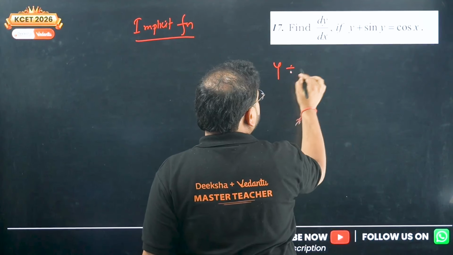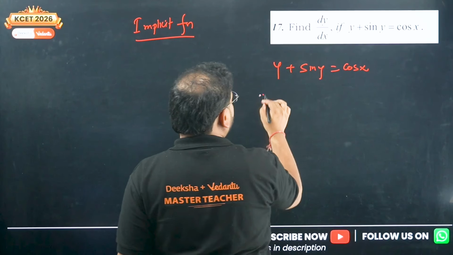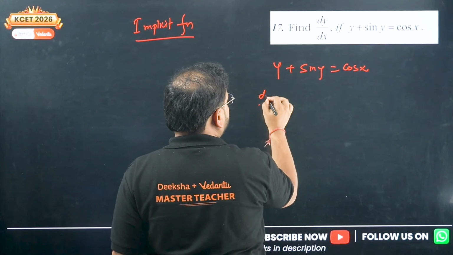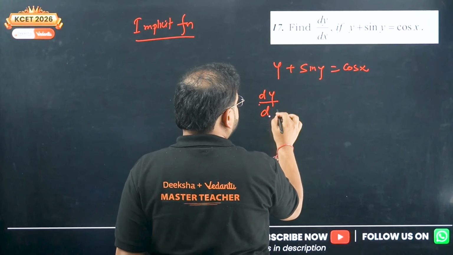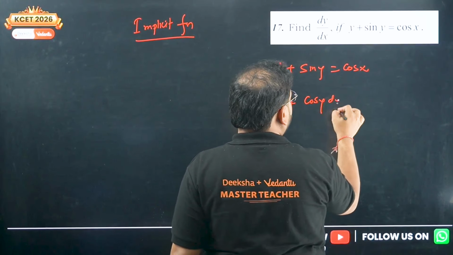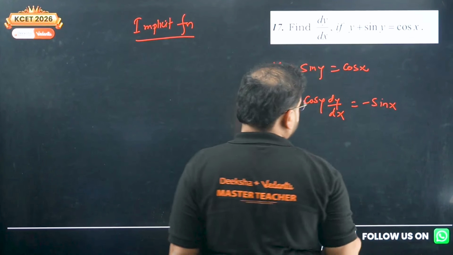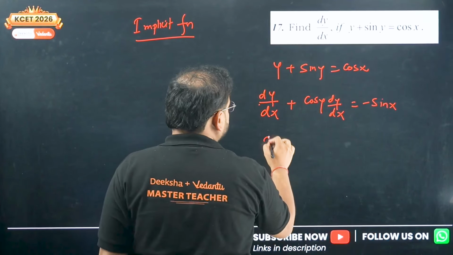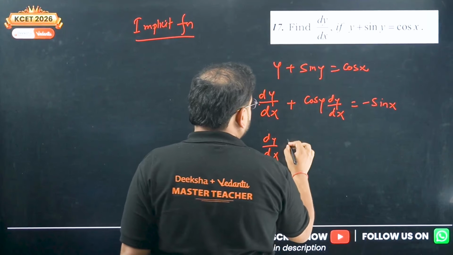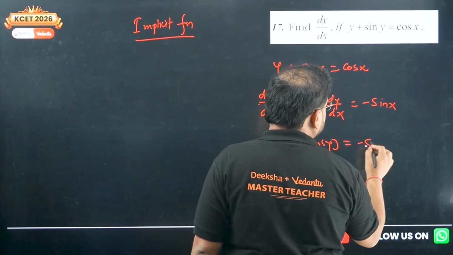Differentiate this function. I have y plus sin y and cos x. Differentiate, you'll get here dy by dx, here we get cos y dy by dx minus sin x. Take dy by dx common, we'll have the answer as 1 plus cos y minus sin x.